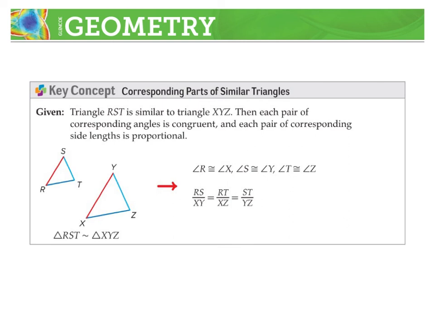So because triangle RST is similar to triangle XYZ, then angle R is congruent to angle X, angle S is congruent to angle Y, and angle T is congruent to angle Z. And RS corresponds to XY equals the ratio of RT corresponding to XZ equals the ratio of ST corresponding to YZ.